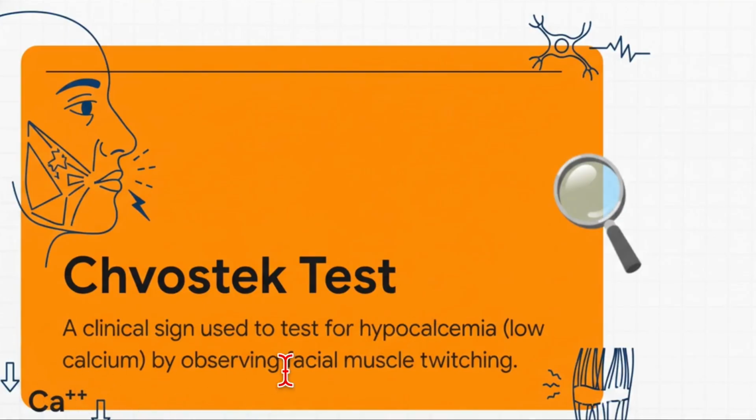When there is hypocalcemia, there is facial muscle twitching, because calcium is required for normal muscle conduction, so it becomes abnormal. Very simple, in simple terms. Again, this topic is not related, I'm just explaining it to give you a connection. Basically Chvostek's test, hypocalcemia.